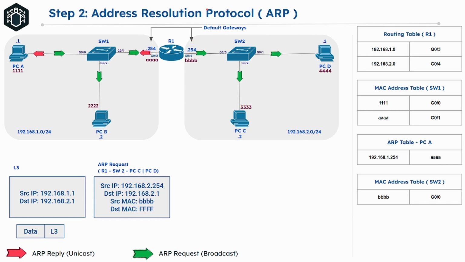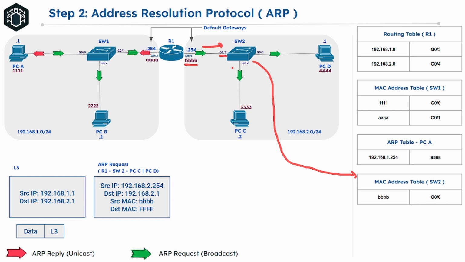Now, this ARP request reaches this switch, which looks at the source MAC address, which is BBBB, and learns that the router is connected to this port G00. So, now this entry is added to the MAC address table of the switch.